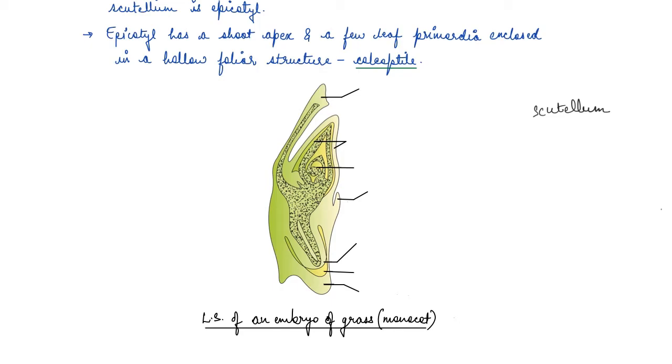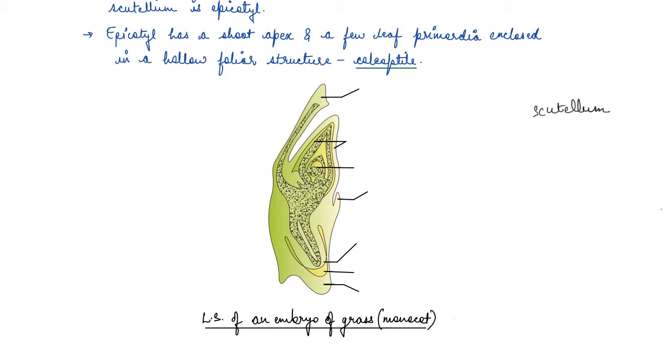Okay, and this is situated towards one side of the embryonal axis, which is the lateral side, right? And towards the lower end, the embryonal axis has what? It has radicle and the root cap.